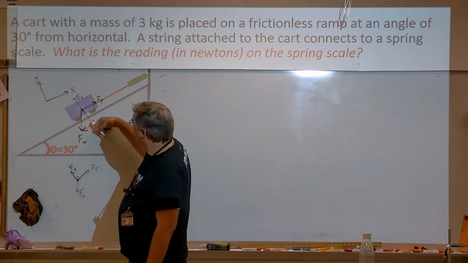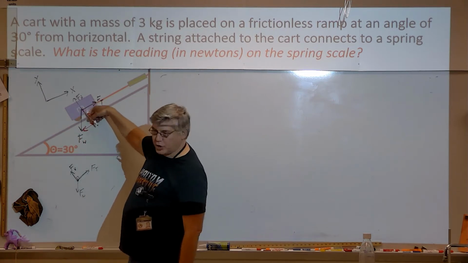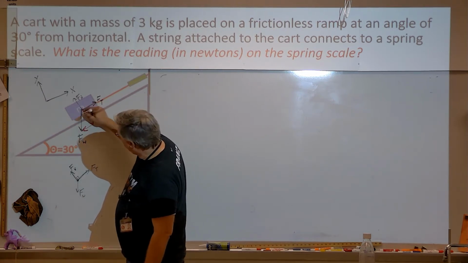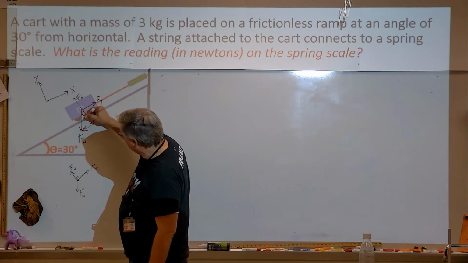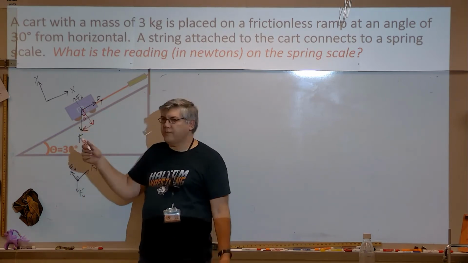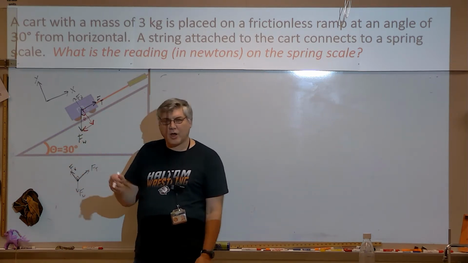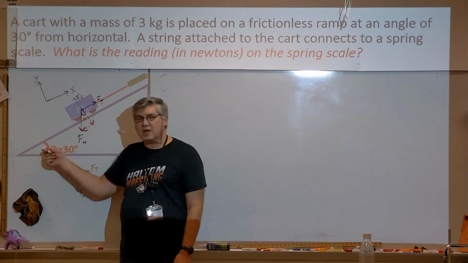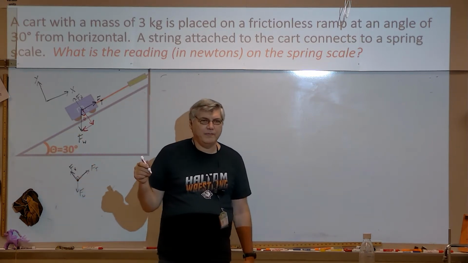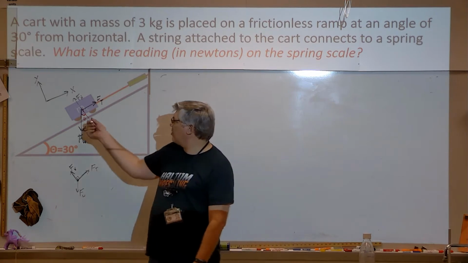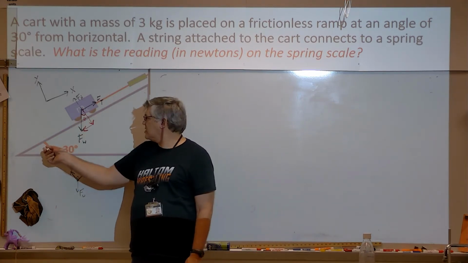And this angle right here, by virtue of rearranging and opposite angles and all that kind of stuff, this angle theta is always going to be this angle theta. So this angle right here is the same as this angle here.